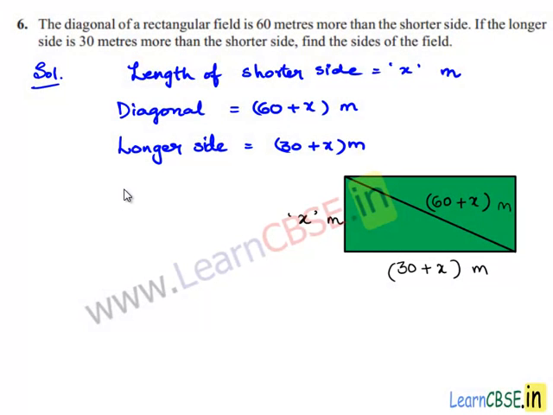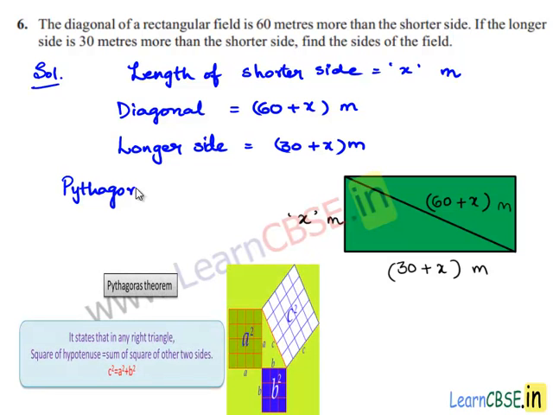So applying the Pythagoras theorem, longer side square plus shorter side square is equal to diagonal square. So we can write x square plus (30 plus x) whole square is equal to (60 plus x) whole square.